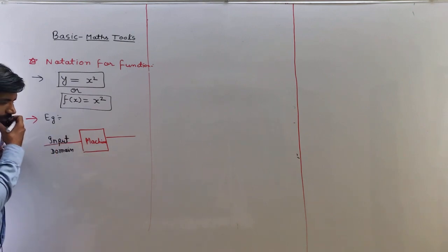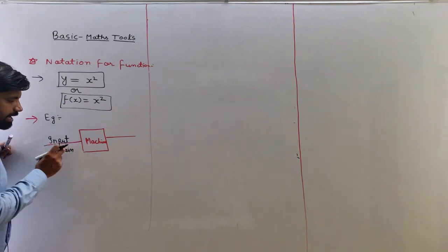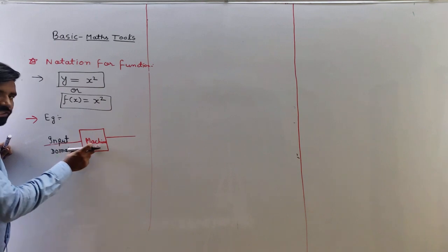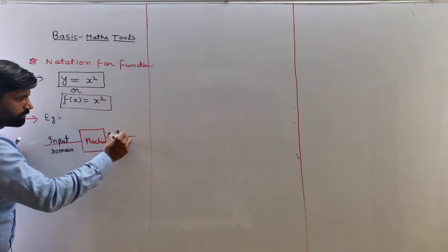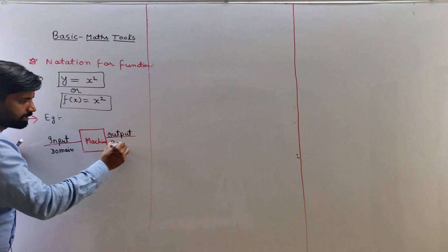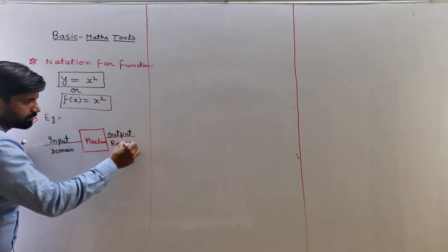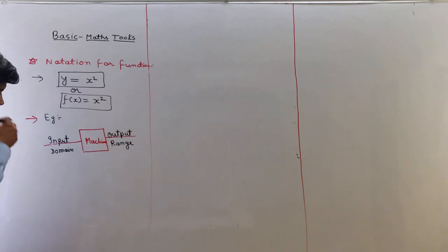In mathematical language, what do we call input? Domain. Understand? If we put input in the machine, then what will we get? Output. Output means, in mathematical language, range. Understand? Simple.